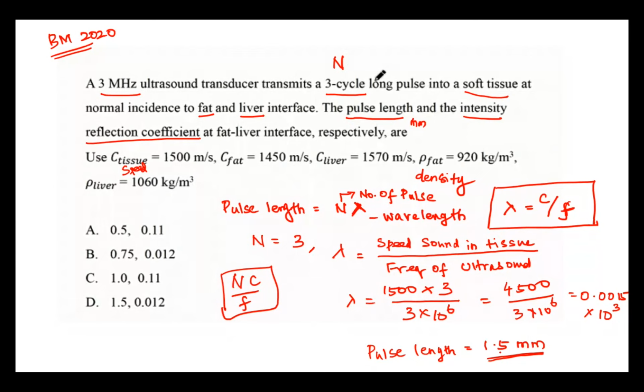By calculating the pulse length, you can select the option. The options are 0.5, 0.75, 1, 1.5, so you can easily choose option D without calculating the intensity reflection coefficient. It will save a lot of time.